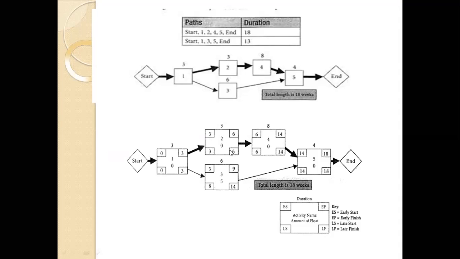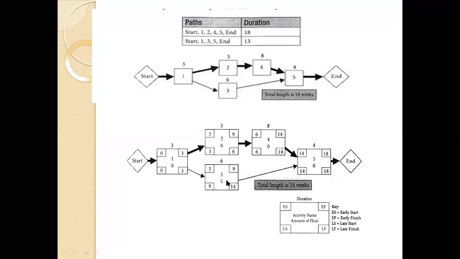Latest start is 3, latest finish is 6 here. After reaching here, you can see this is 18 and the float here is 0. It has 14 as latest start, because 18 minus 18 is 0 and 14 minus 14 is 0. And what is the difference between these activities? 14 minus 9, 5.